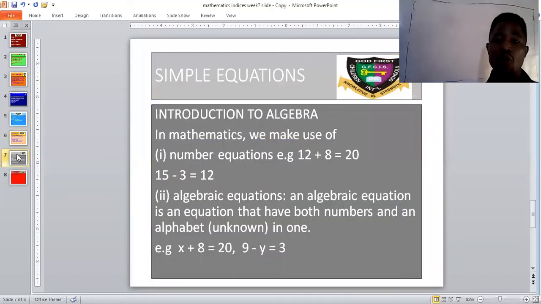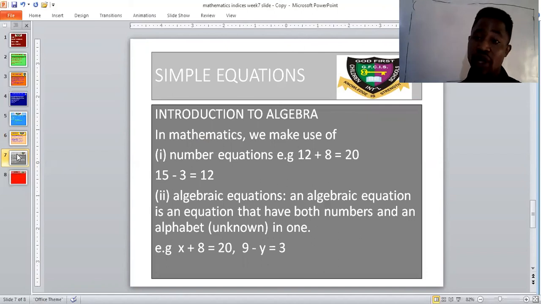So here, we want to look at simple equations. What do we call equations? Equations are mathematical expressions with unknowns. An equation could also be a statement that is true or false.